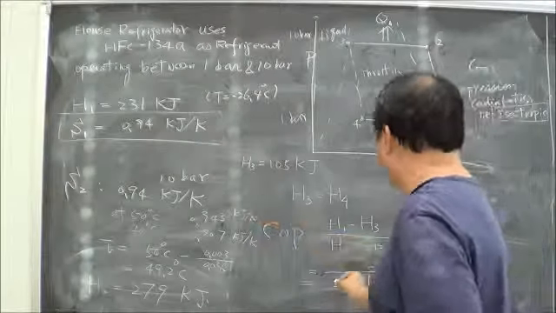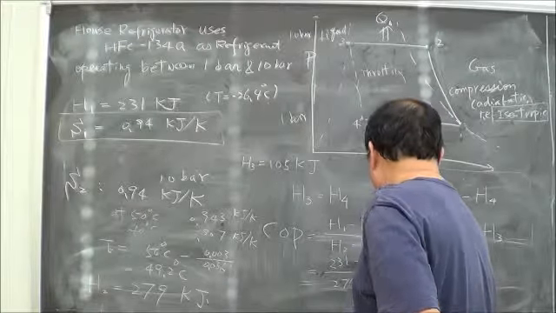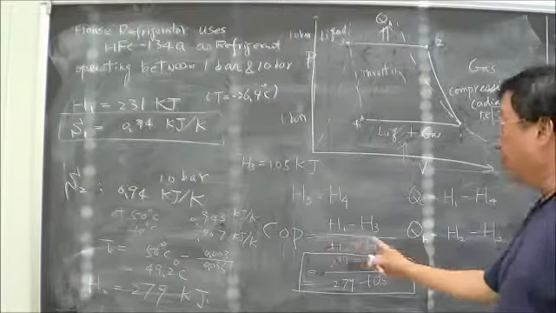H1 is 231, minus H3, which is 105, over H2, which is 279, minus H1, 231. And that is how you're going to get your coefficient of performance.